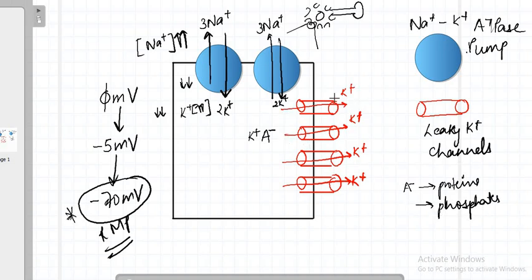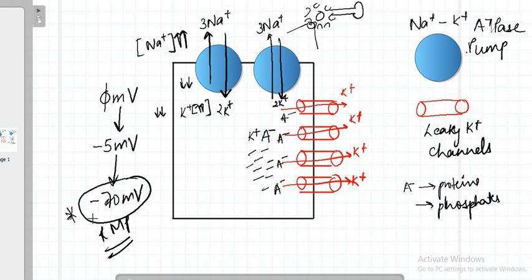Because they are very large. They cannot move out of these channels. So as potassium is leaving, it is leaving behind anions, which is making the inside more negative. So now from -5 millivolts, it is -70 millivolts.